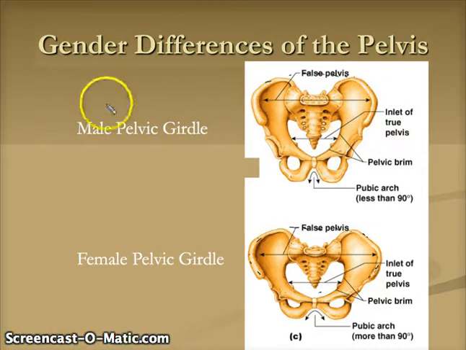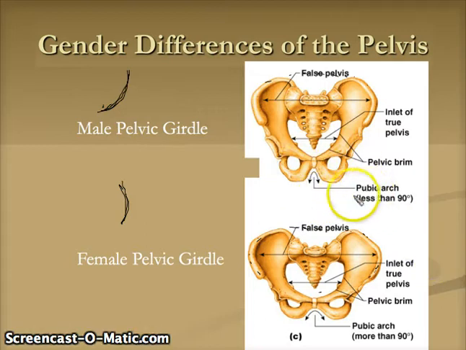When you look from the side, the coccyx and the sacrum actually come in more on males, more toward the anterior portion, whereas in females it's slightly more upright. You see it less anterior facing, which is important if we have to have babies pass through our pelvic brim, our true pelvis.